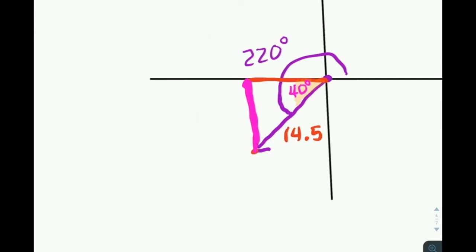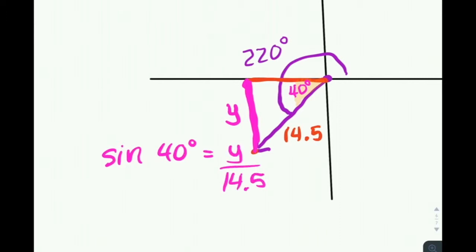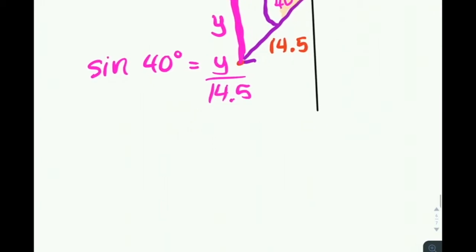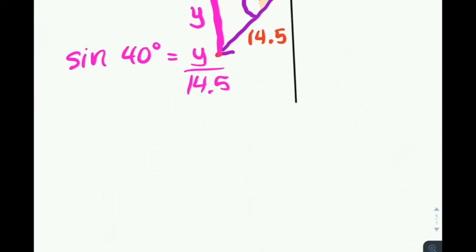Let's say you're finding your vertical component first. I'm going to call this y. That's opposite over hypotenuse, so sine of 40 degrees is y over 14.5. If you multiply 14.5 times sine of 40 degrees, you're going to get about 9.320.